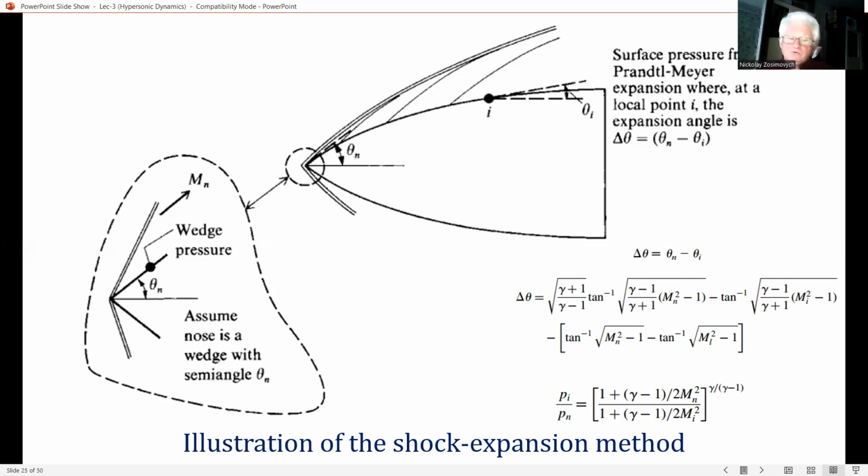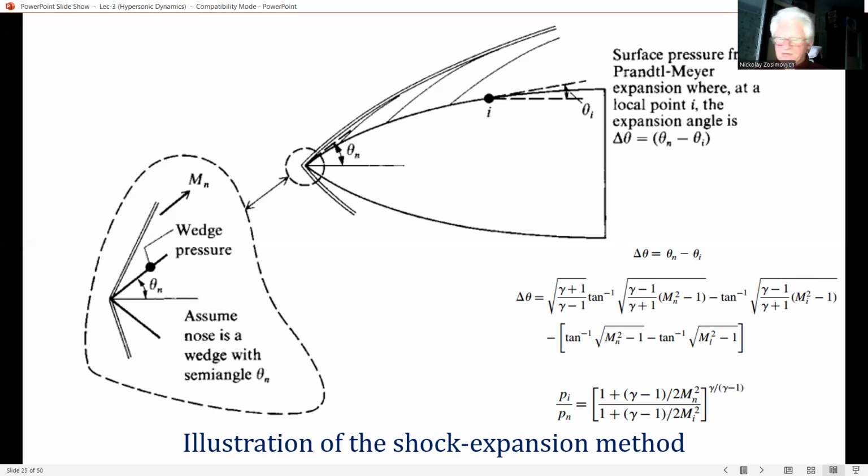We wish to calculate the pressure at point I, okay? So we want to find Mach number M sub I. This is obtained from the Prandtl-Meyer function, assuming an expansion through the deflection angle delta theta. Delta theta is the difference theta m minus theta I.